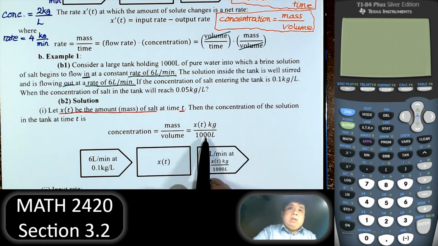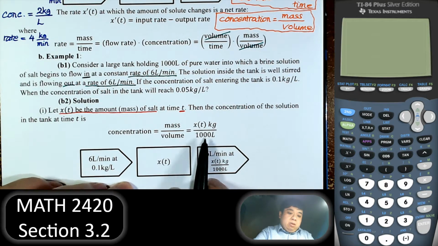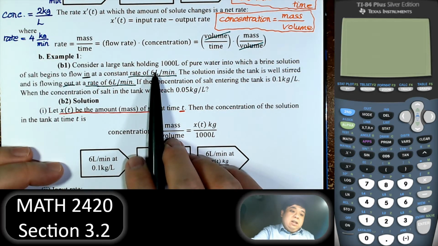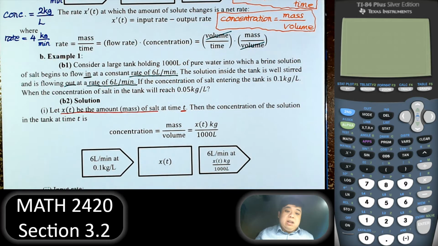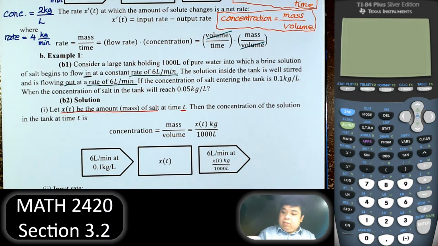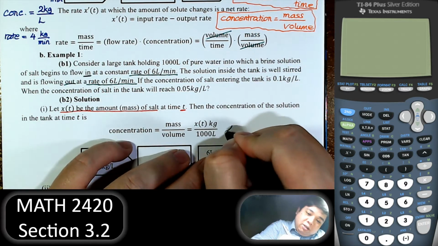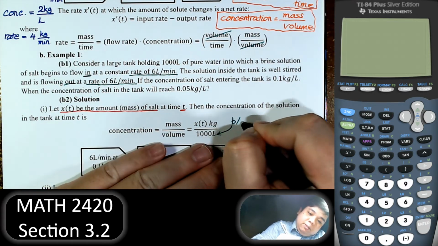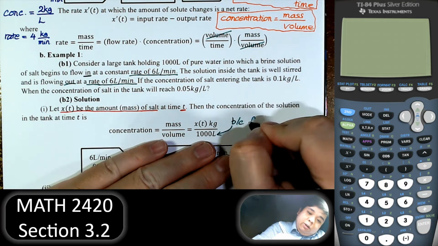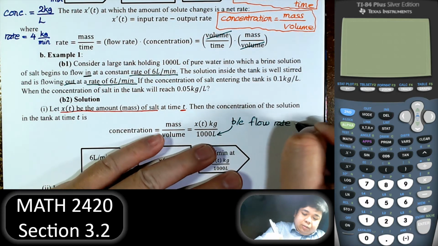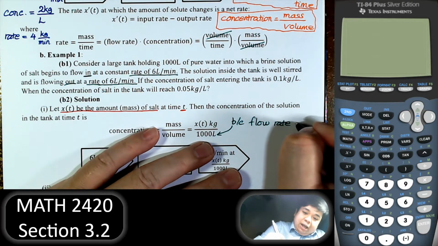That's why the volume is constant: the volume is 1,000, unchanged, 6 liters in, 6 liters out every minute. So let's write this little note: 1,000 liters, because flow rates in and out are equal.